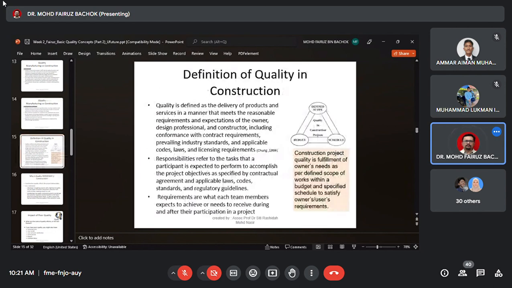Now we start to learn about the definition of quality in construction.